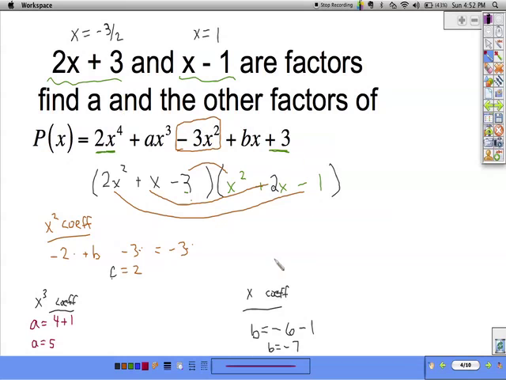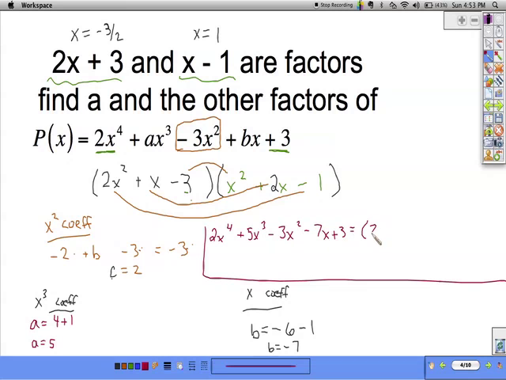The factorized form of this, just to write it in more of a finished fashion, 2x to the 4th plus 5x cubed minus 3x squared minus 7x plus 3 equals 2x plus 3 times x minus 1 times x squared plus 2x minus 1. If it would have said to find the other linear factors, then we would have to keep going for sure.